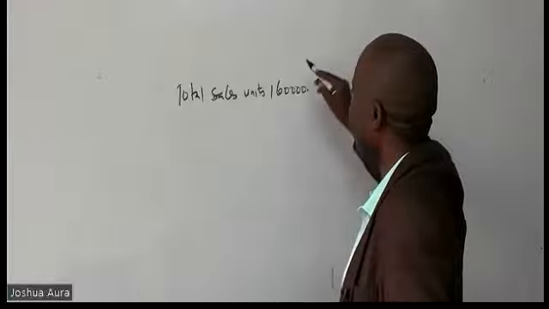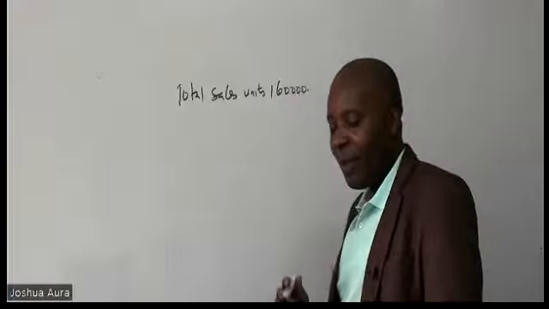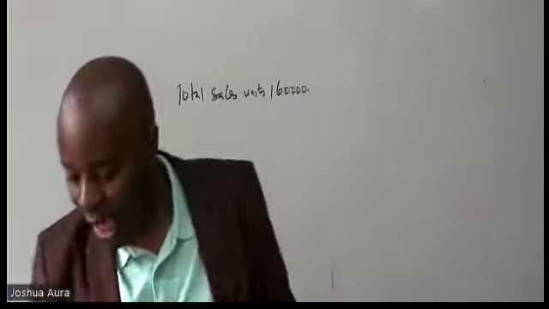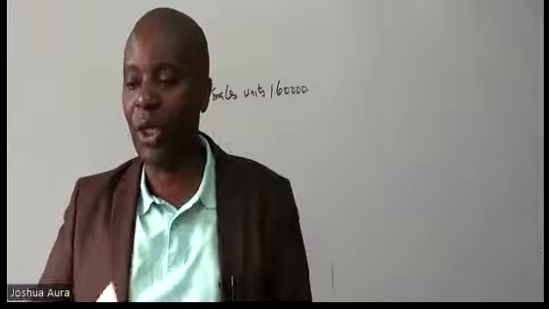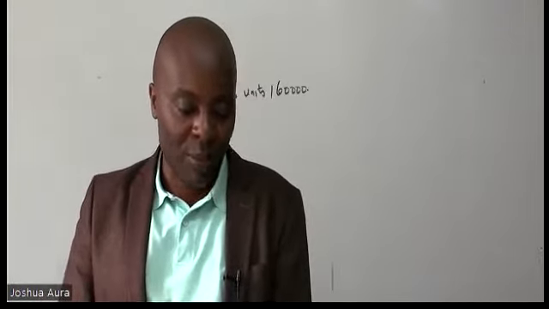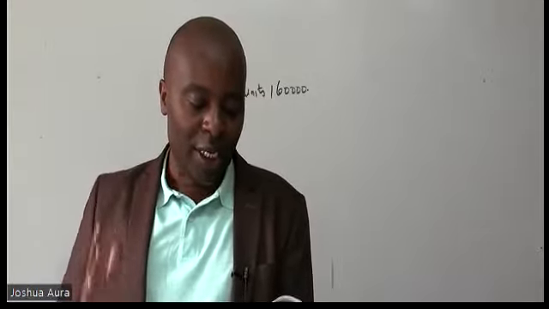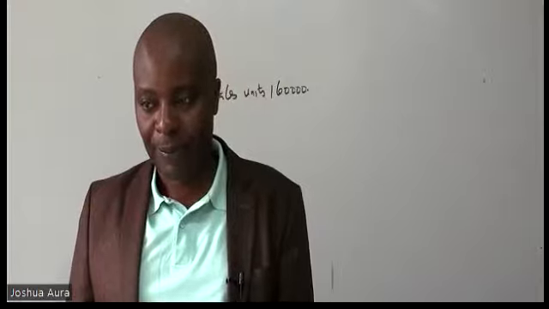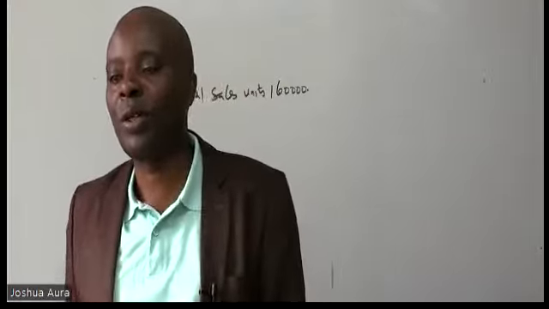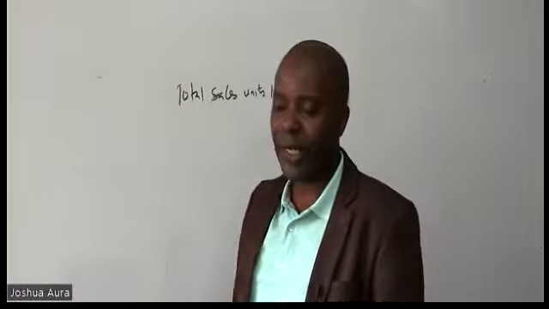So we have here, total sales is 160,000. I'm getting the total sales units from this table given. They told me the number of units here are 120,000 for A, and B is 40,000. So this total sales, if you add 120 plus 40, gives us 160,000.